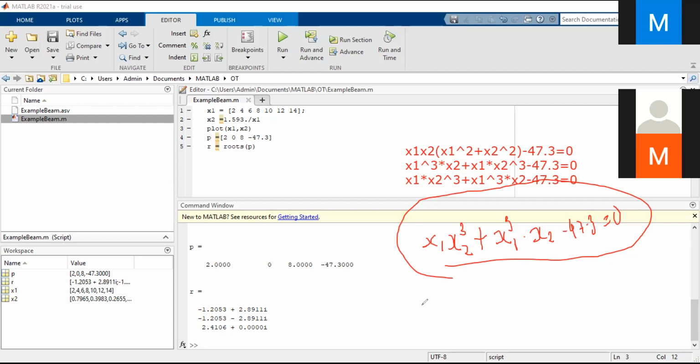Now we need to find it for 4, 6, 8, 10, 12 and 14. So there are 7 different values.